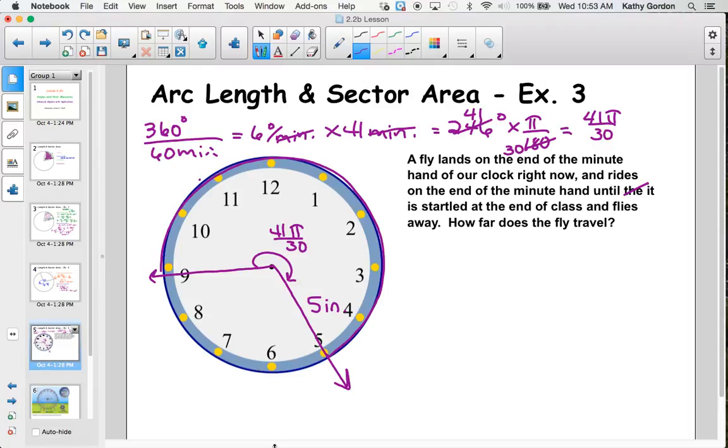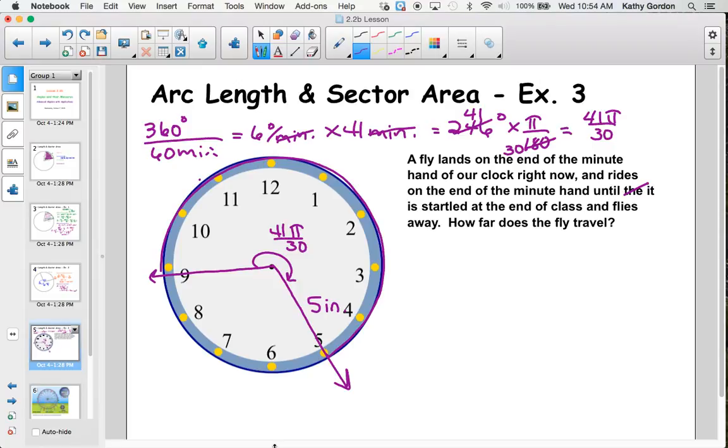Anybody got it? How far do you think you went, Aaron? Approximately 21.5 inches. Anybody agree or disagree with that? You agree? You agree? I don't agree. Oh, I know why. Let me try again. Okay.